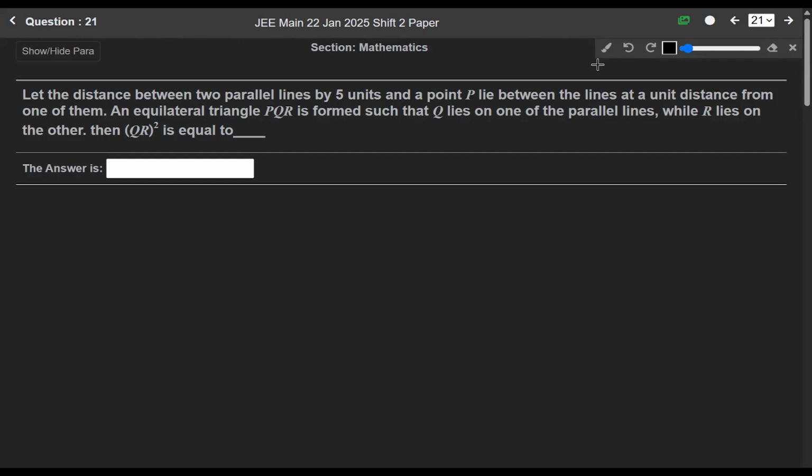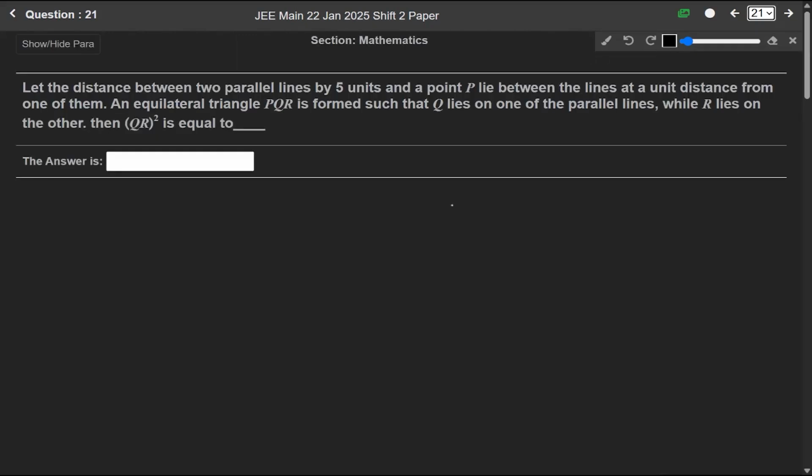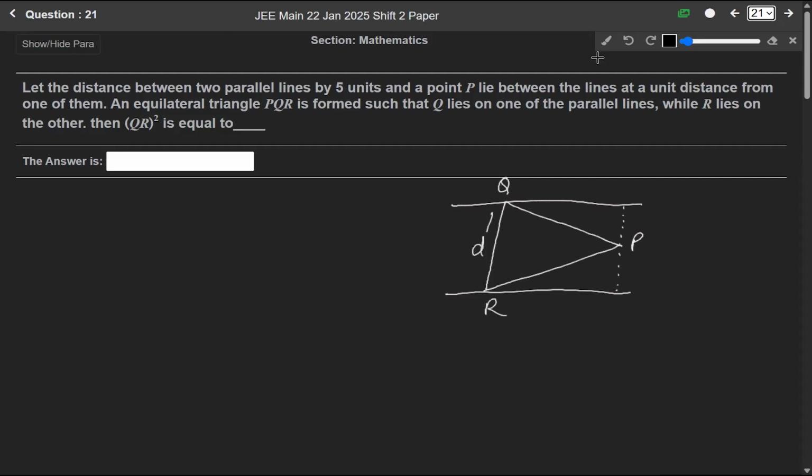Okay, so we are given this. Let us say this is P, this is Q, and this is R, and this is the distance D. In the question, the distance between the two parallel lines is 5 units.